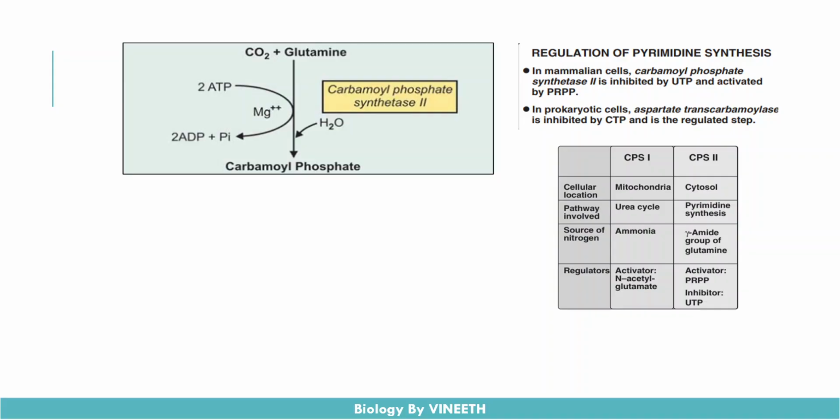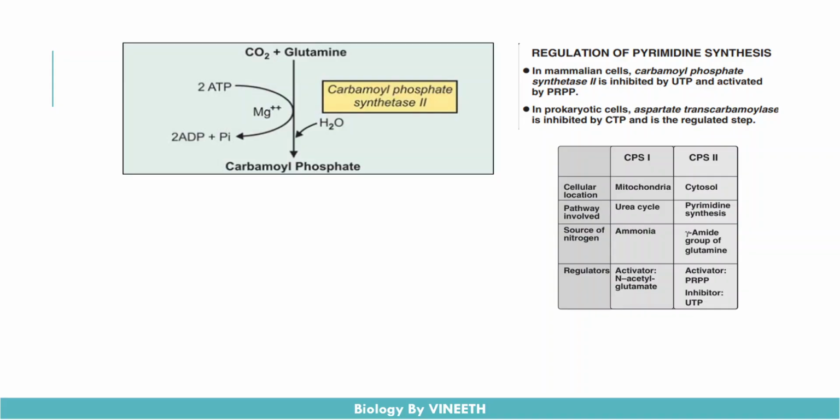There are also certain activators and certain inhibitors for this initial step. This initial step is considered the regulatory step in the synthetic pathway. When there are increased levels of UTP inside the cell, they inhibit this pathway. That means when there is an increased level of UTP nucleotides, there would be no requirement of further nucleotides, so these nucleotides in turn inhibit the initial steps of the biosynthetic pathways.